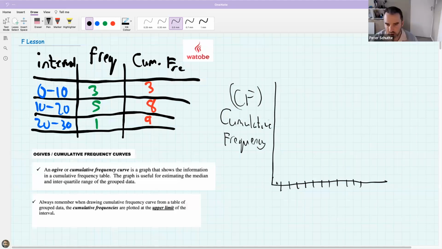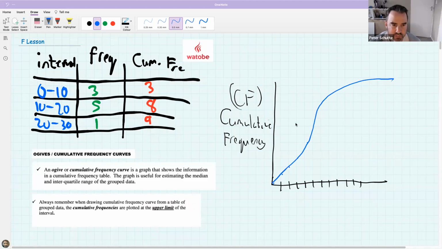And normally, when I plot, the points are at the end of the interval, and also it doesn't have a straight line shape. It normally looks something like that. That's what we're going to learn how to do today.